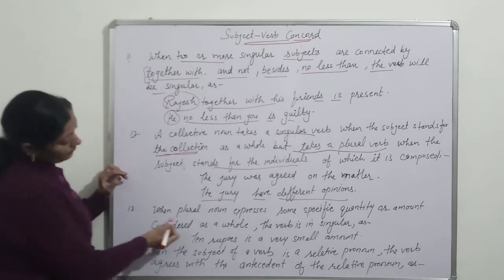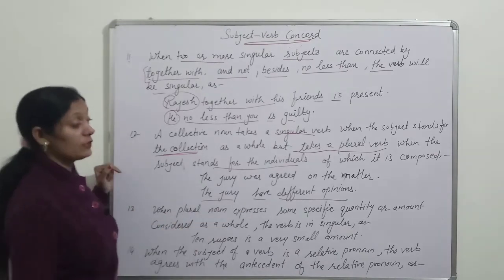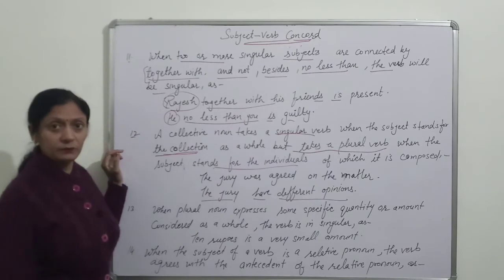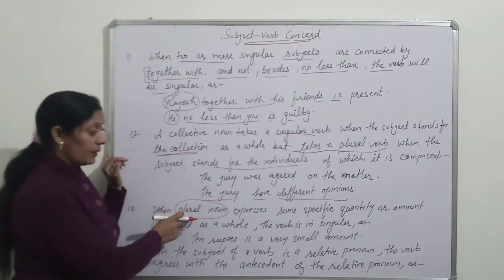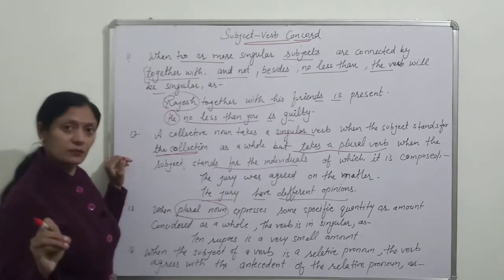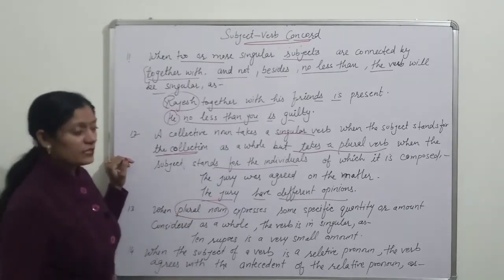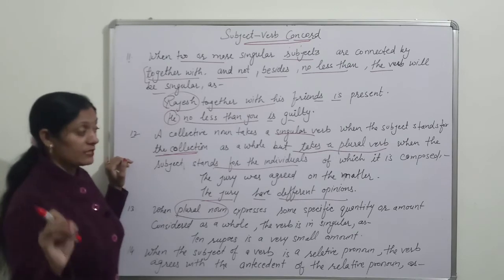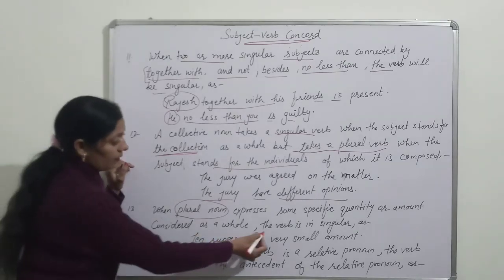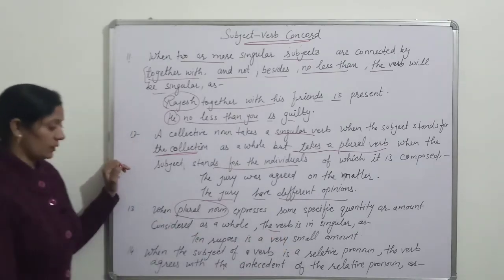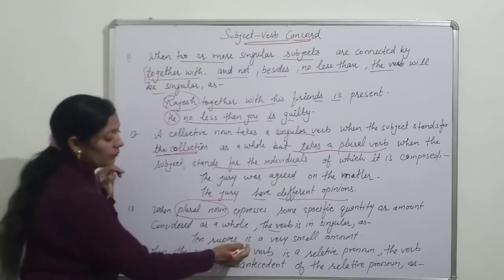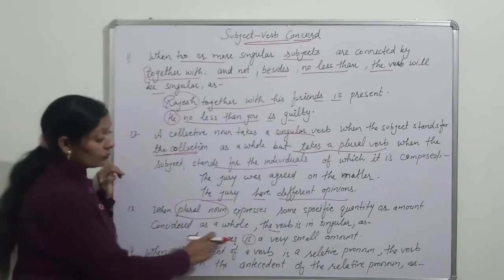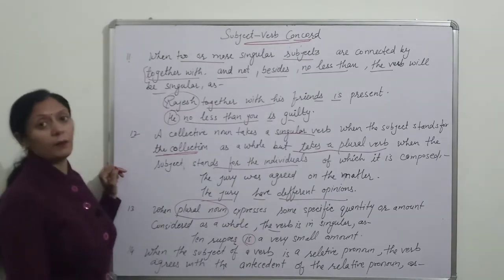Next one, when a plural noun expresses some specific quantity or amount. Okay, when a noun is plural but it expresses a specific quantity, specific amount, the verb is singular. 10 rupees, S is used here, but the verb used here is singular. 10 rupees is a very small amount.